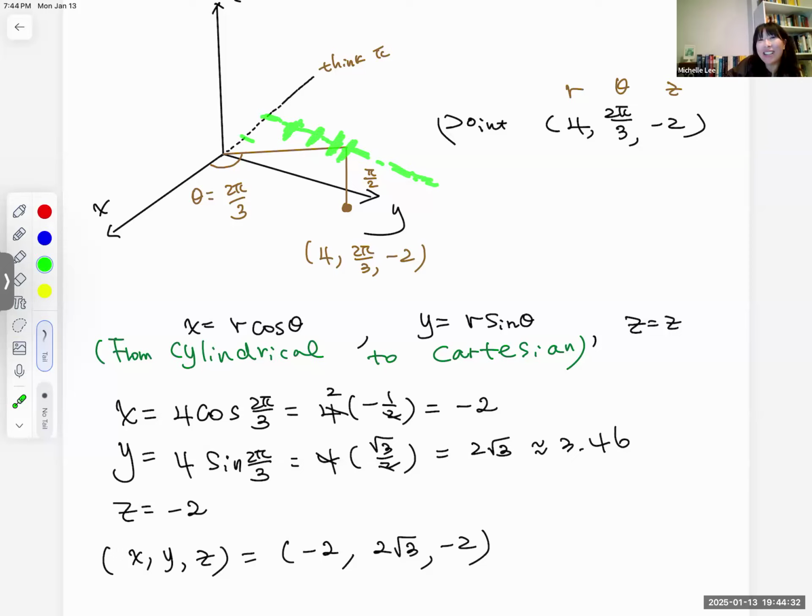And then z equal to negative 2. So 1, 2. Yeah, so approximately similar. Same point. So it will be equal to negative 2, 2 square root of 3, and negative 2.